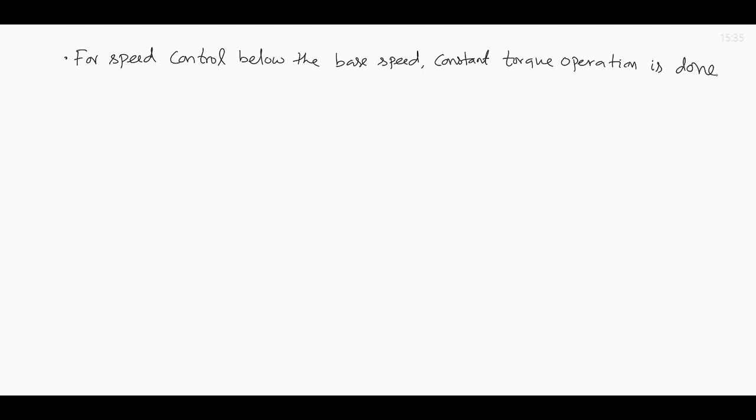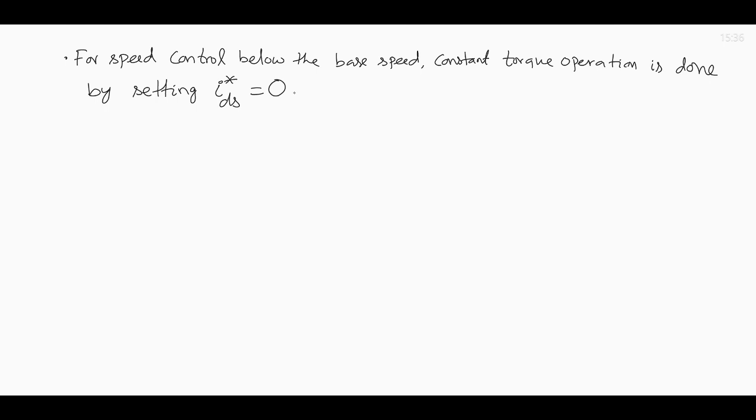For speed control below the base speed, constant torque operation is done, by setting IDS star at 0.